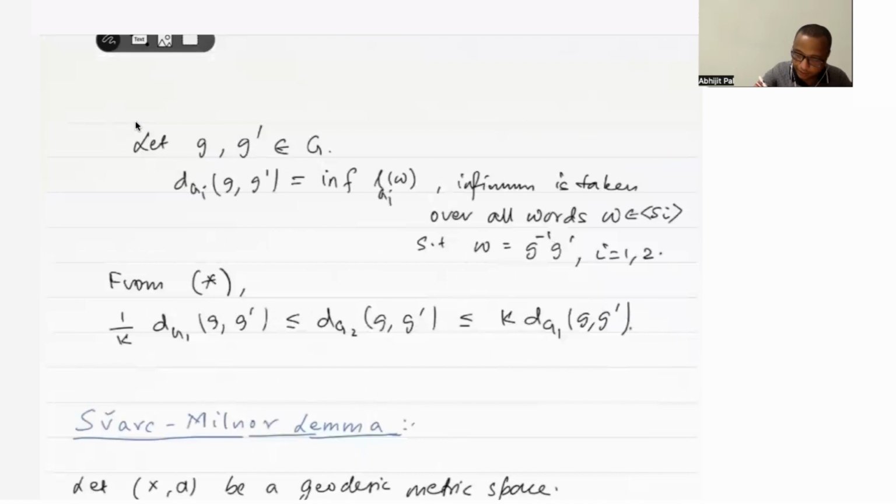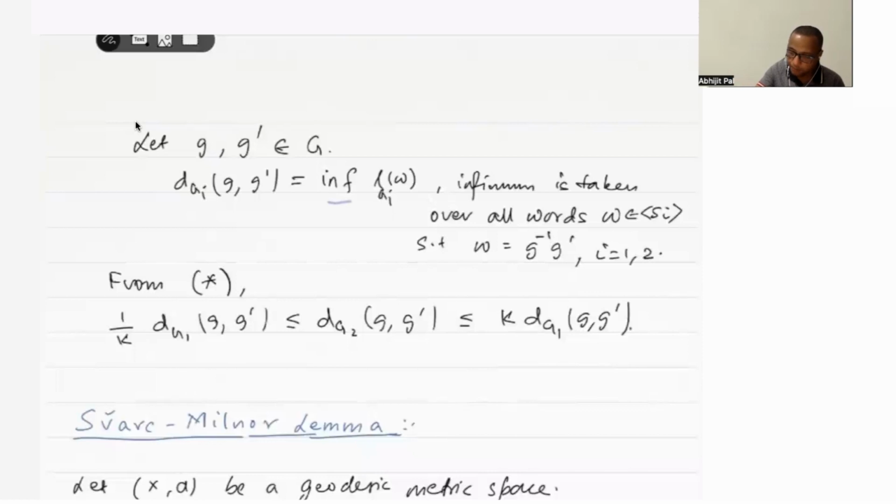Now let us take two elements g and g prime in G. What is the distance between this g and g prime in the group Gi, where i is equal to 1? How do you define the distance between g and g prime?